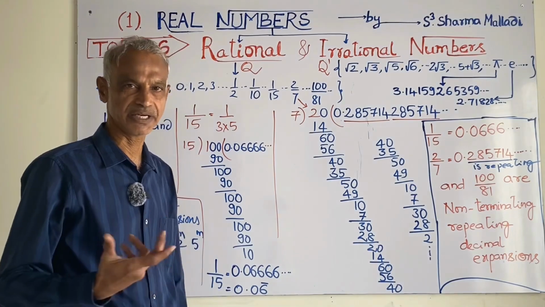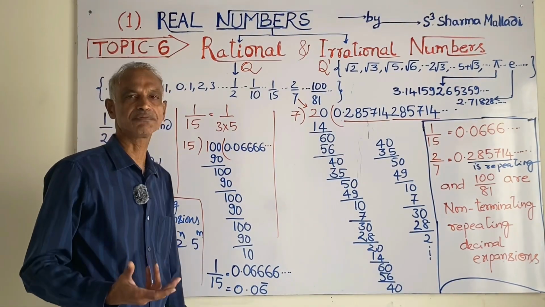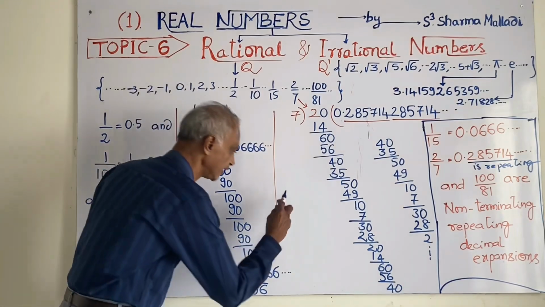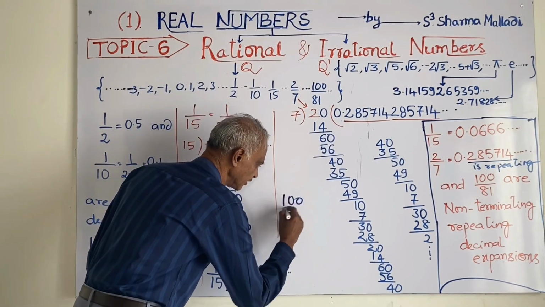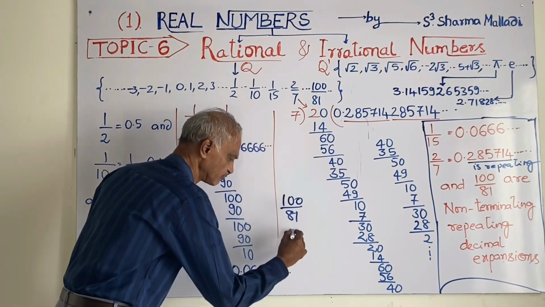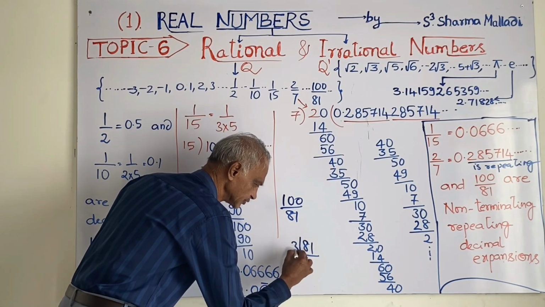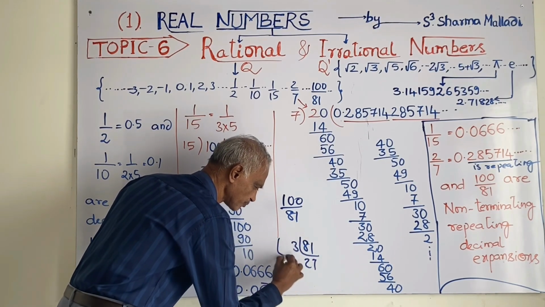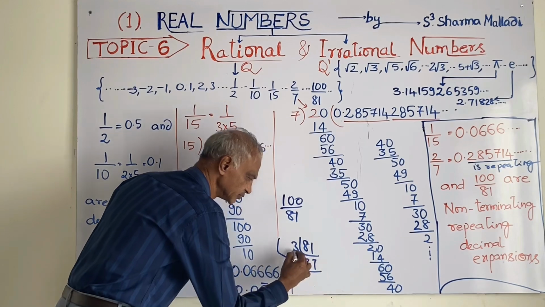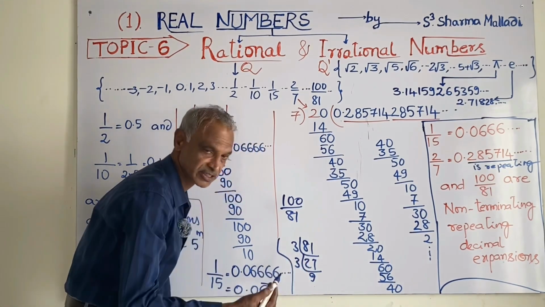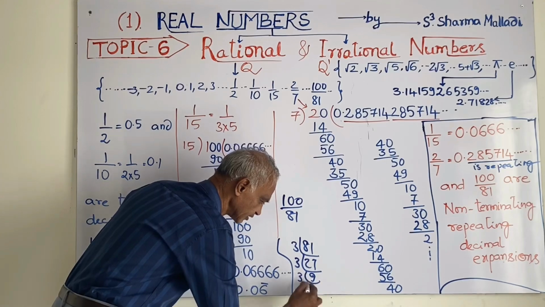You see 100 by 81 also is non-terminating repeating decimal expansion. Why? You see 100 by 81. After prime factorization, 81 is 3 into 27, 3 into 3 into 9. 3 9s are 27. 3 3s are 9.